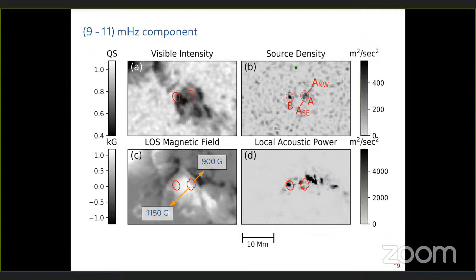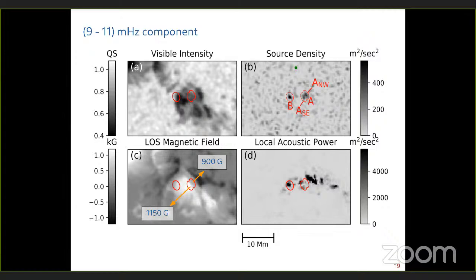Next, we overlay the contours of each one of these sources onto other observables. For example, in the continuum intensity image, we see the source A is located in a penumbral part of this active region, whereas source B is located at a boundary of this umbral region.